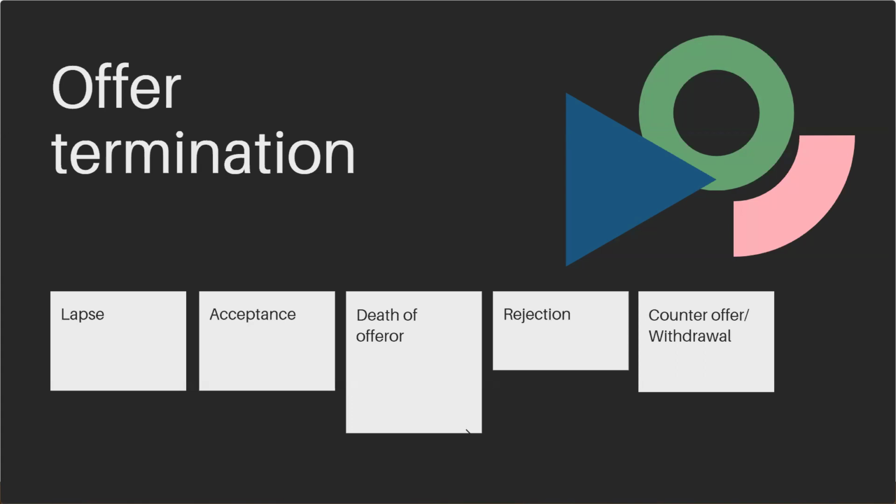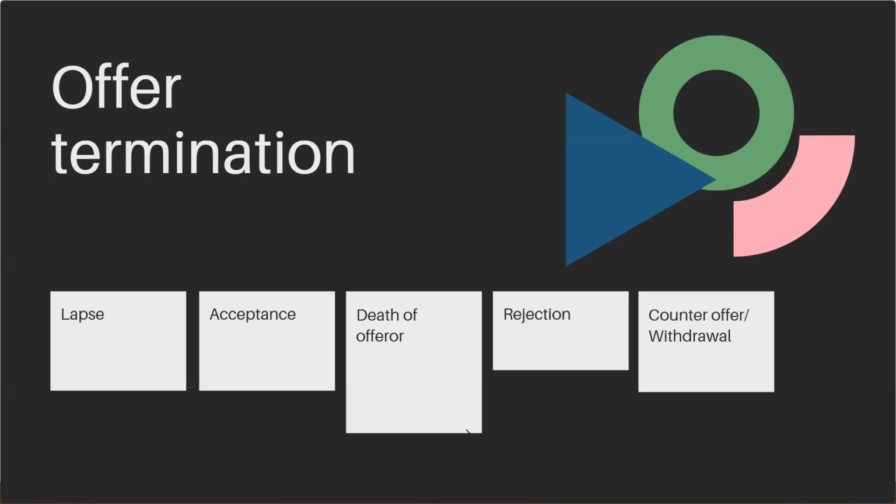Otherwise, once the offer is accepted, it also terminates that offer, and it can no longer be accepted again. Or when the offeror dies, or if it is a company and it goes into insolvency, then the offer is automatically terminated.